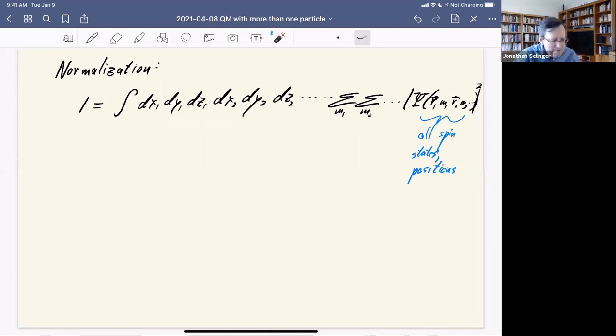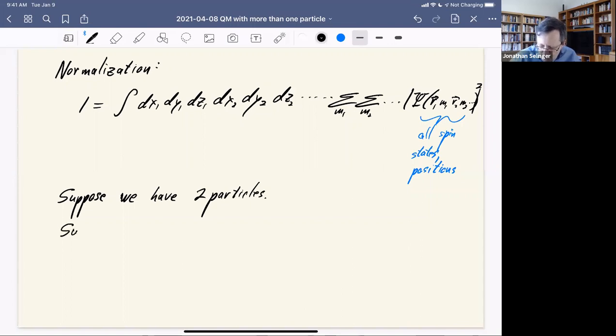That's maybe a little too much to think about right from the beginning. So let's take a specific case. Suppose we have two particles, and suppose we care about position and not spin.